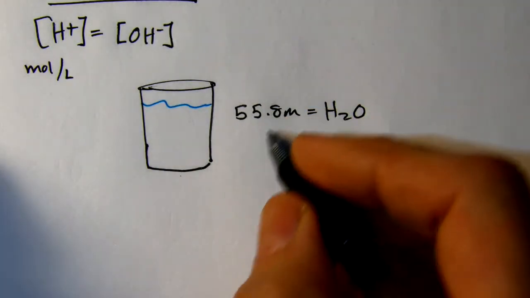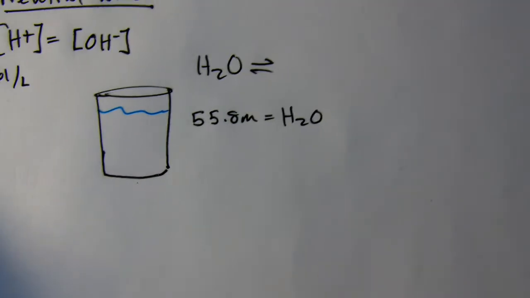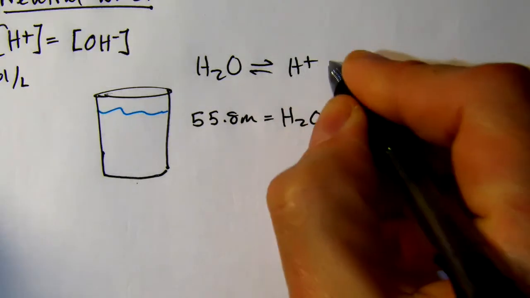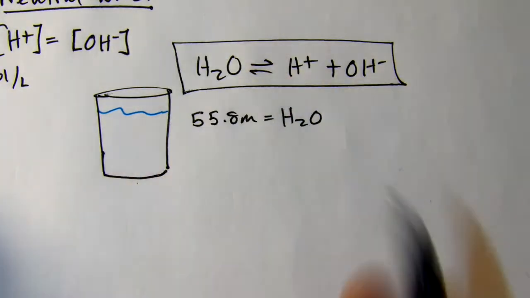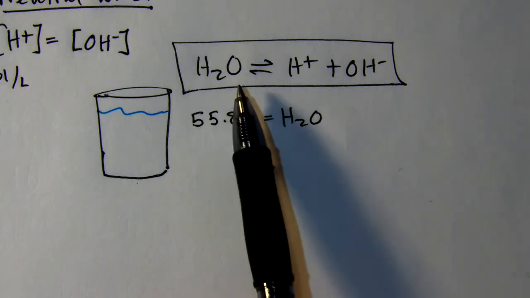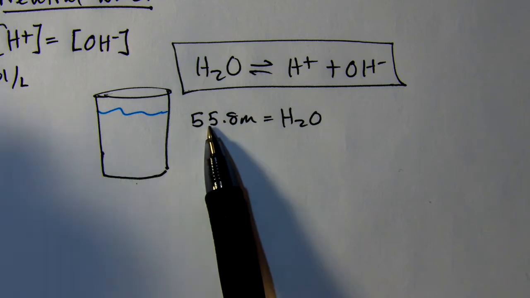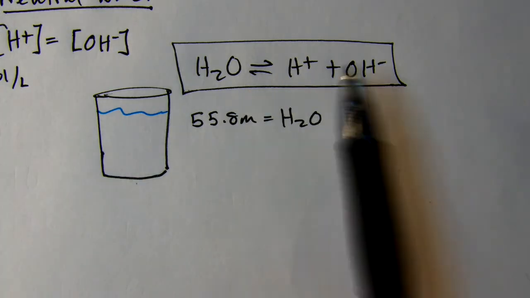Well, hang on. Water, though, tends to self-dissociate just a little bit. You get H plus, right? So water breaks apart. That shouldn't really blow your world out of proportion, right? So liquid water here is almost completely 100% water molecules, but some of them break apart.